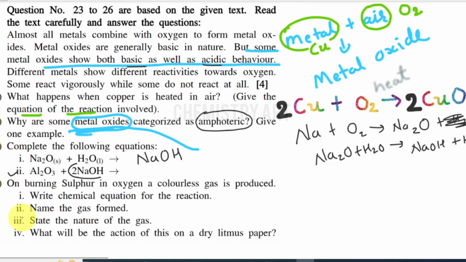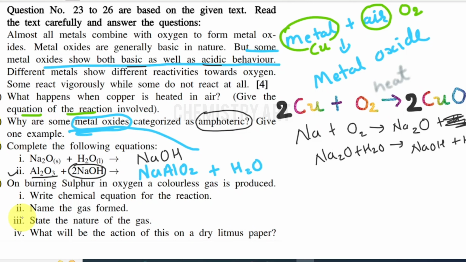This NaOH is a base, and if it is a base, then Al2O3, aluminium oxide, will react as an acid. So the overall complete reaction we can write is that aluminium oxide when reacting with NaOH will form NaAlO2 plus H2O. This will be the product. The name of NaAlO2 is sodium aluminate.